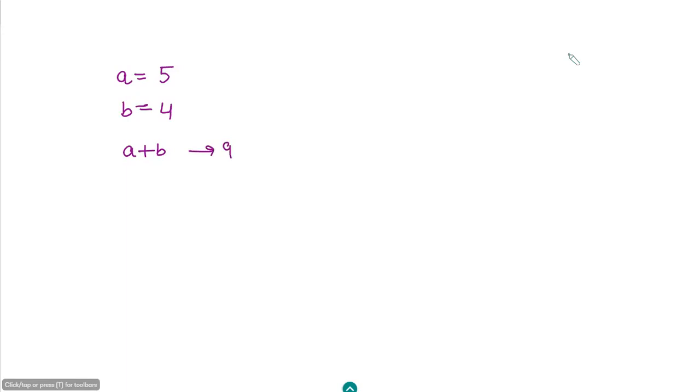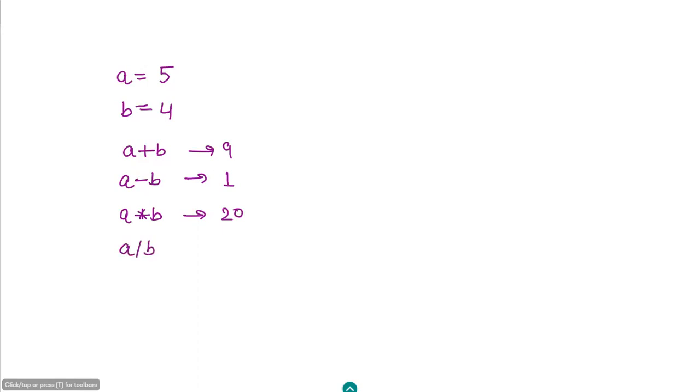It's very simple to calculate. Similarly, A minus B, you'll get 1. A multiplied by B, that means 5 multiplied by 4, that will become 20.